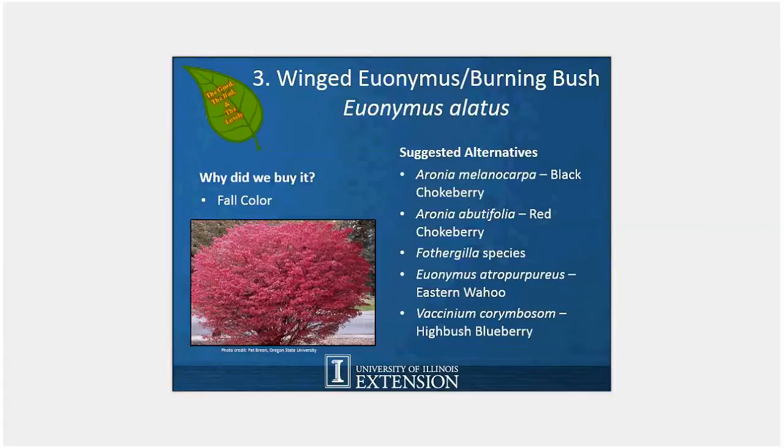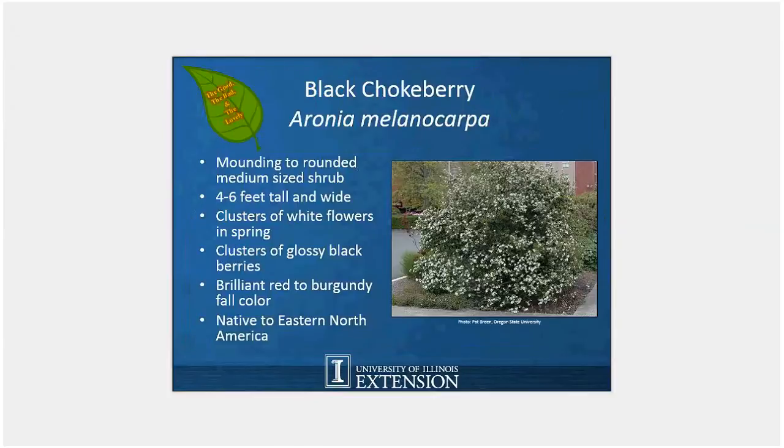So some suggested alternatives. We'll start off with black chokeberry, which is native to Illinois and eastern North America. This plant will grow about 4 to 6 feet tall and wide.